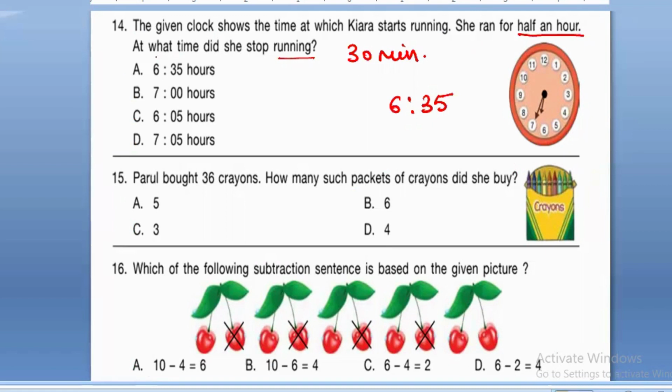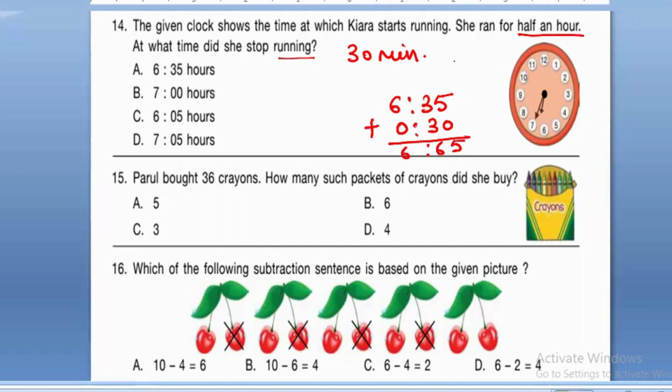Now the question is asking at what time did she stop running? She runs for 30 minutes, and what we need to do is add 30 minutes here. When we are adding 30 minutes here, what are we getting? 5, 6 and 6 over there. As you all know, 60 minutes make 1 hour.